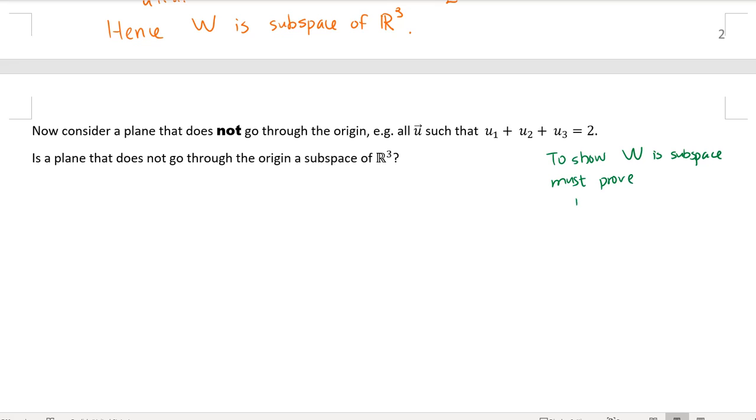First, non-empty. Second, closed under addition. And third, closed under scalar multiplication.